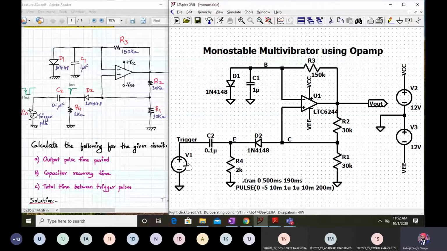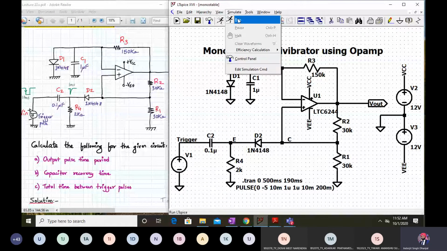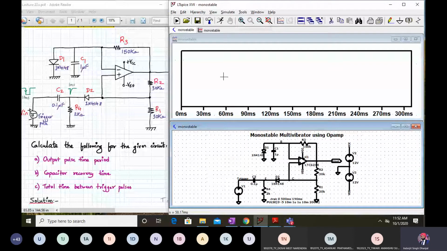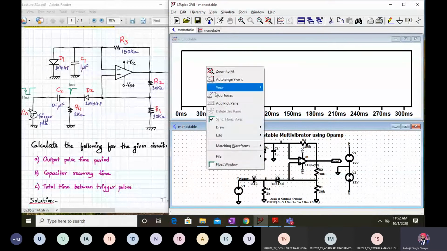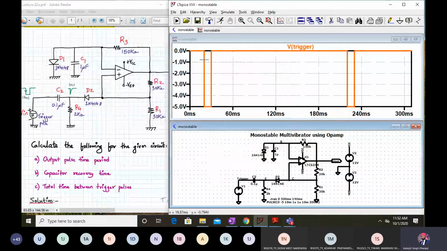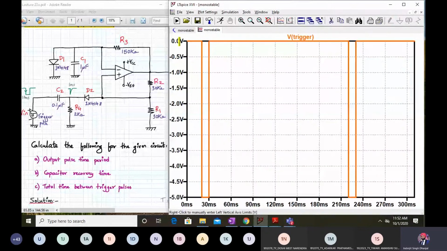Now, if I simulate this, I'll first plot the trigger pulse. This orange or red color is my trigger pulse. If you can see clearly, it goes from 0 to -5 with a time period of 10 milliseconds.